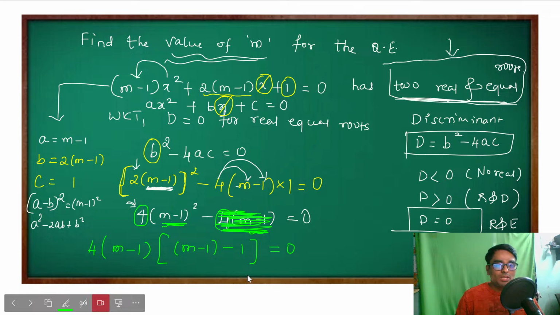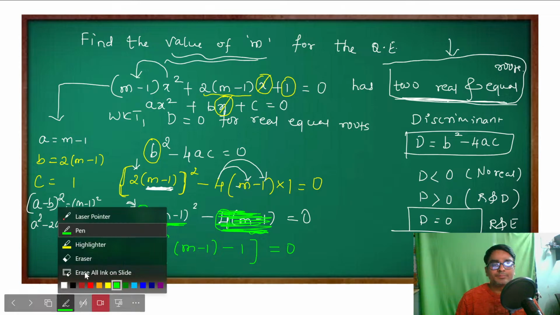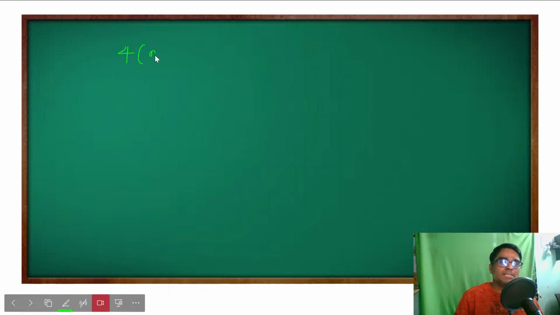Okay. So I have 4 into m minus 1. Then in the bracket again I have m minus 1 minus 1, which will become m minus 2. Like that. Correct. So we'll take this. 4 into m minus 1, and here m minus 1, and again there was one more minus 1, which is equal to 0.